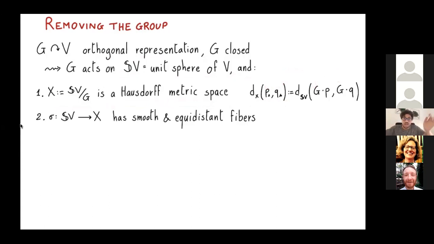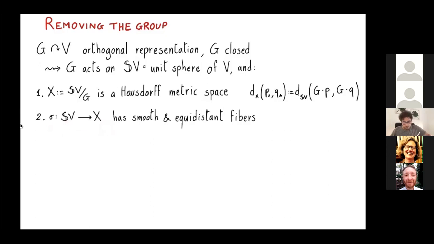In the case where the action is orthogonal, this does induce a distance function on X. The second property is that the canonical projection map that takes every point to its own orbit has smooth fibers, clearly the orbits, and they are equidistant.